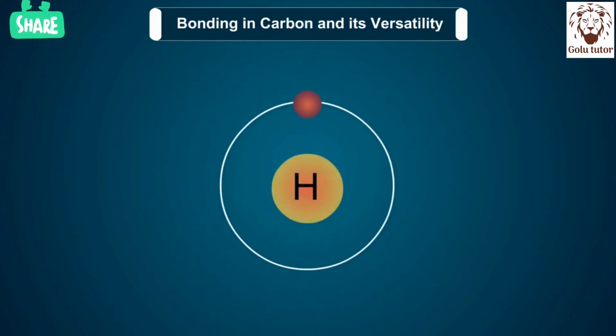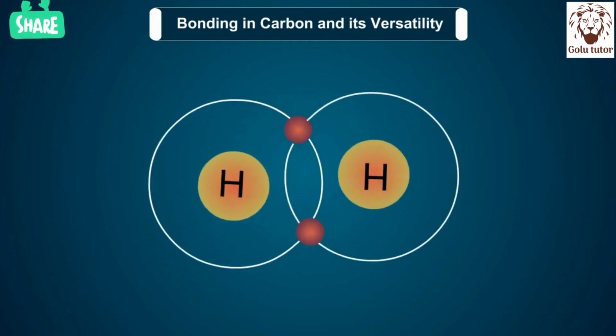As we have previously studied, the atomic number of hydrogen is 1. Hence, hydrogen has 1 electron in its K shell and it requires 1 more electron to fill the K shell. So, 2 hydrogen atoms share their electrons to form a molecule of hydrogen, H2.